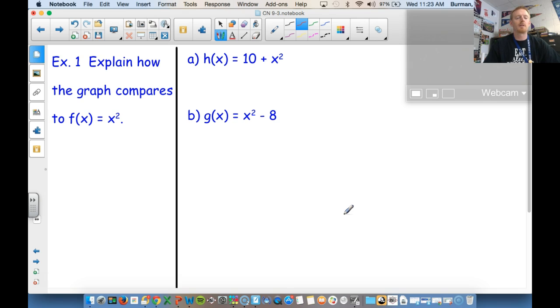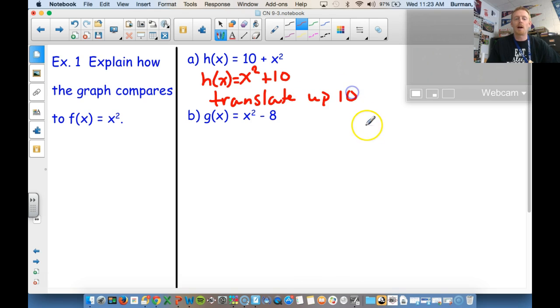All right, so let's get an example for us. We're supposed to explain how the graph compares to the parent graph of f of x. So in part A, h of x is equal to x squared plus 10. Now if you were to write that in the same order here, we would have x squared plus 10. And that should give you a little bit of an idea as to how this is going to translate, because we have this plus 10 like we did on the previous page. That means that our graph is going to translate up 10 spots.